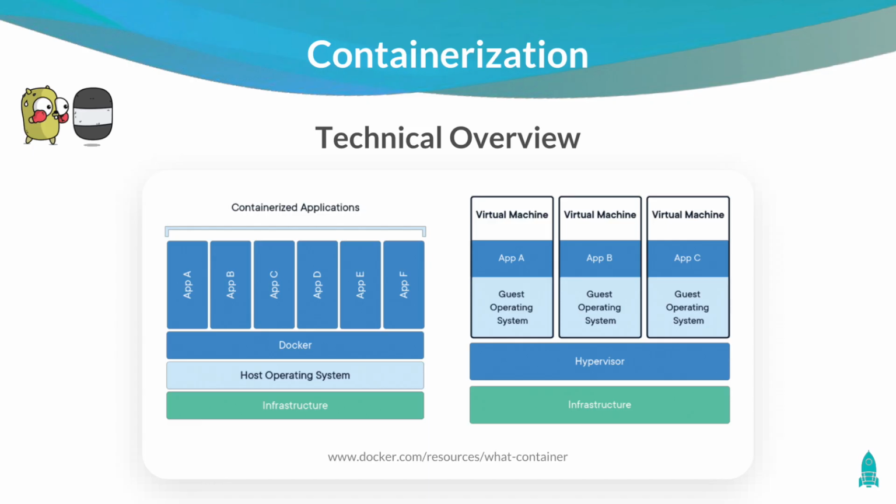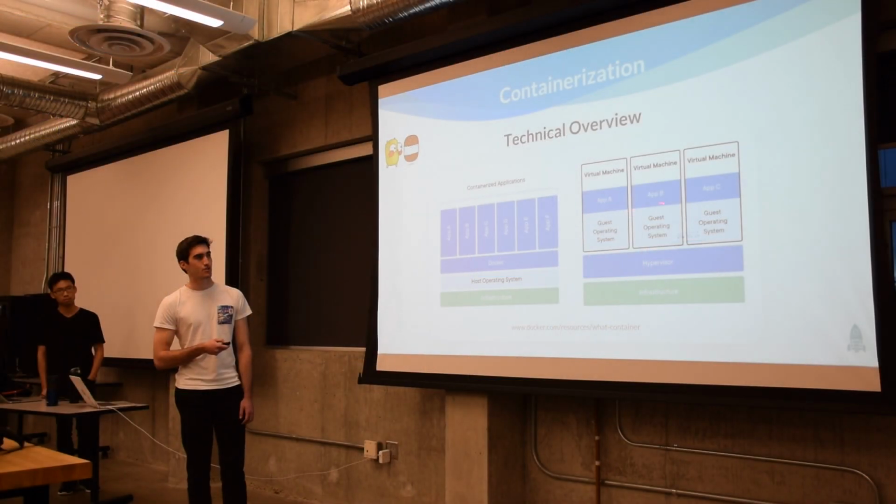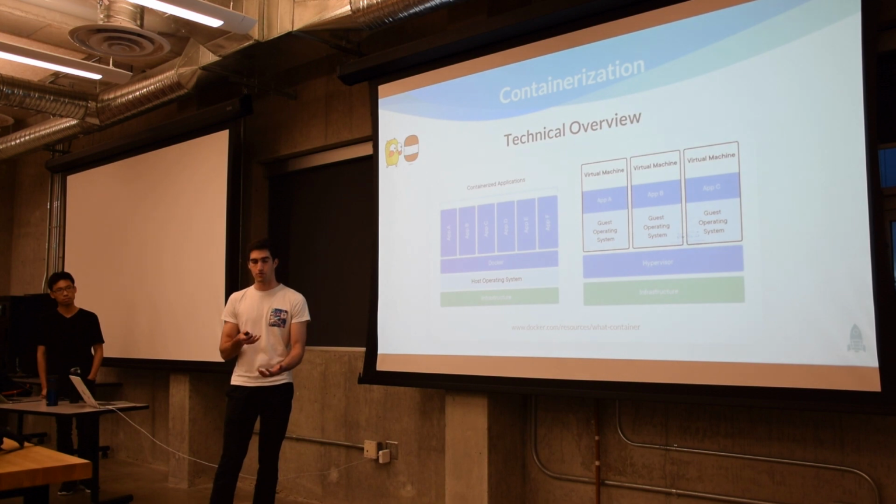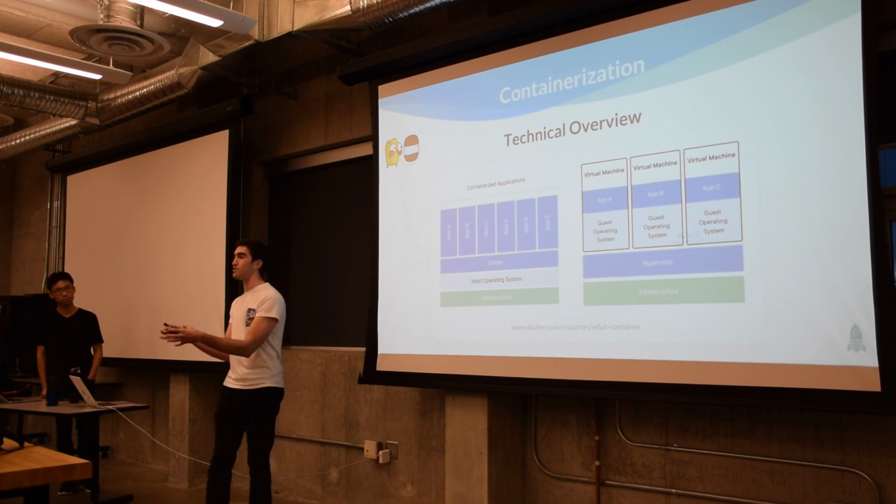Whereas if you try to deploy your apps in VMs, you need this hypervisor that abstracts away the hardware from the VMs. And each of these VMs hosts the app. But VMs aren't light, and they're not easy to bring up and bring down and reconfigure, and you can't take one and just move it somewhere else.